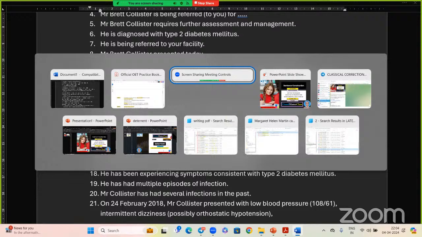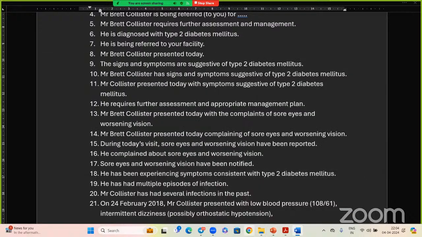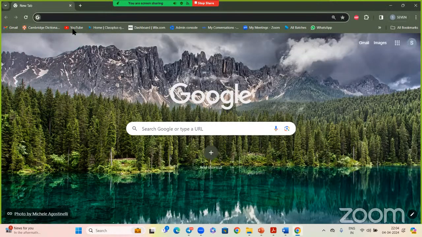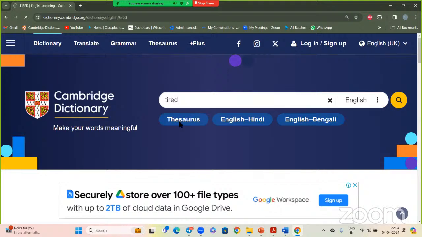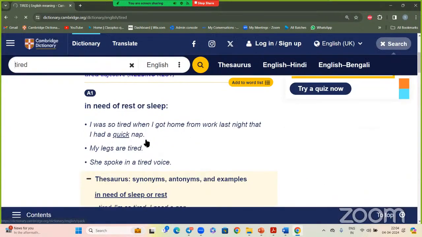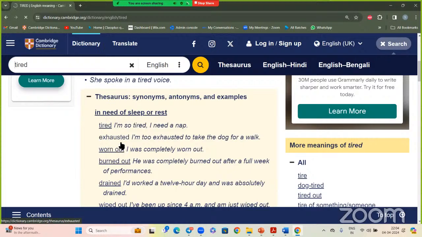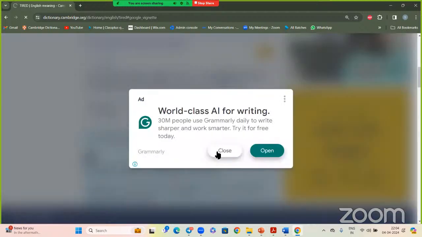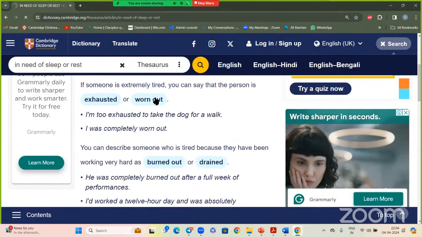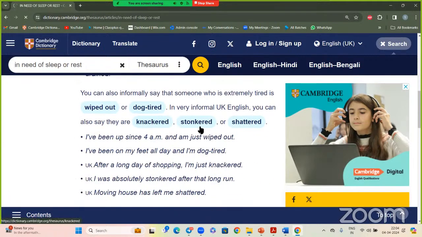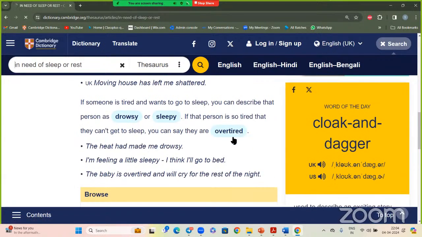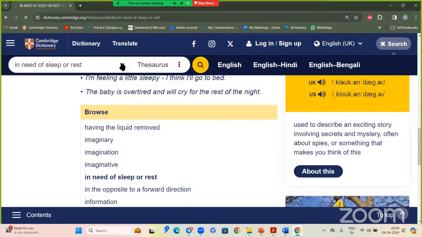So let me take you to the Cambridge Dictionary. Okay. Tired. Synonyms: exhausted, burned out. Okay. Worn out, burned out, drained, wiped out, dog tired. Overtired. Okay.